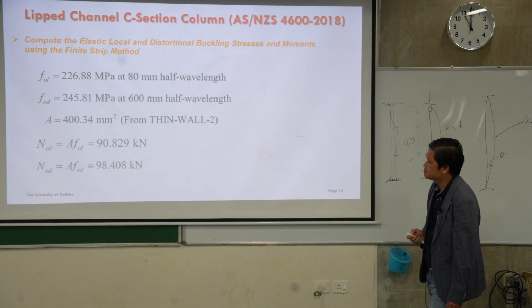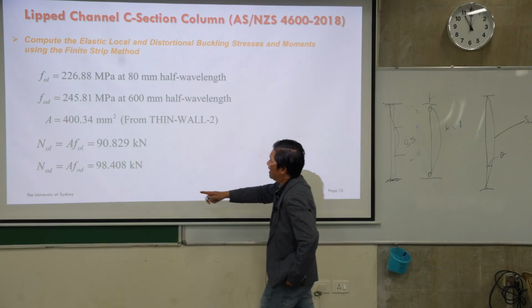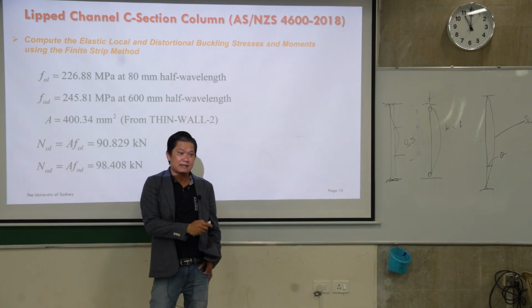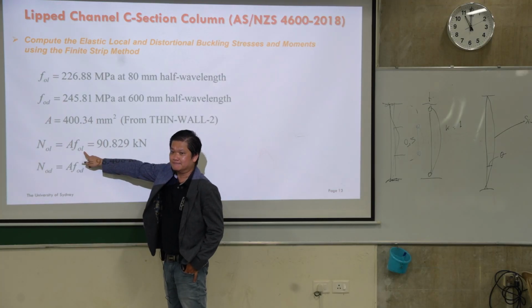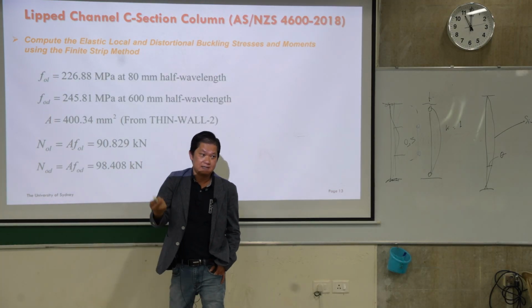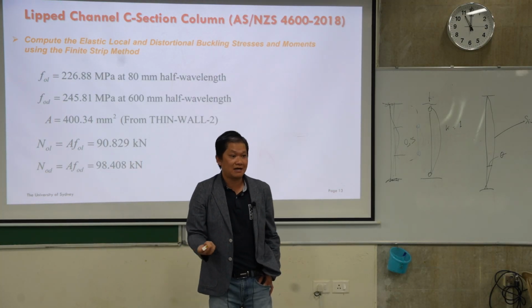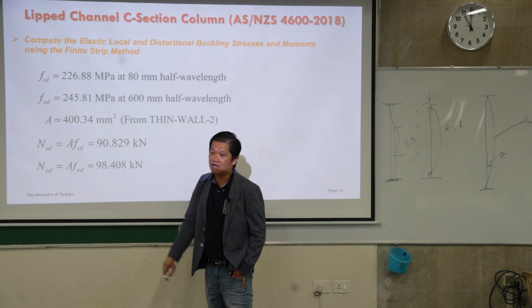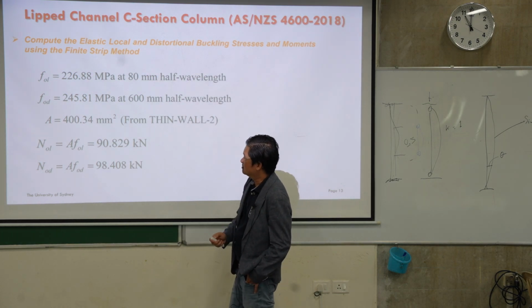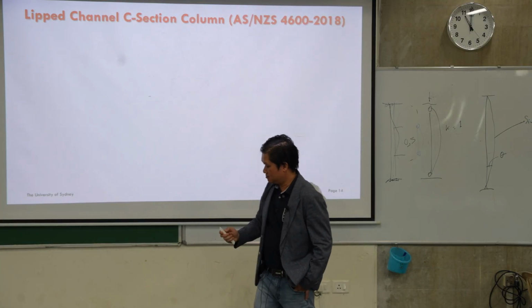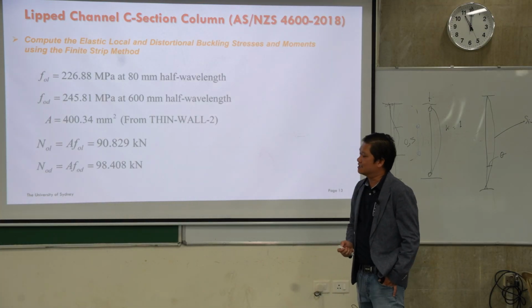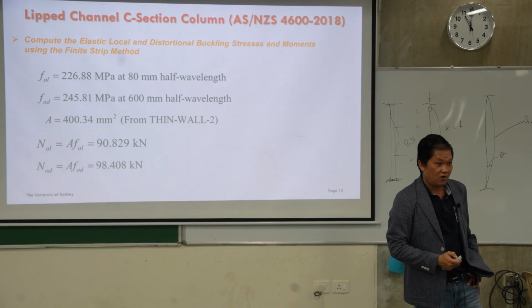Then you calculate NOL, the elastic buckling load. Very simple: you take the buckling stress times the full area. You get the buckling load: this is 90 kilonewtons for local buckling and roughly 98 kilonewtons for distortional buckling.